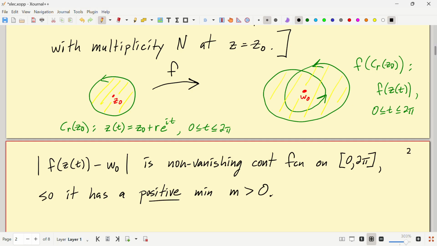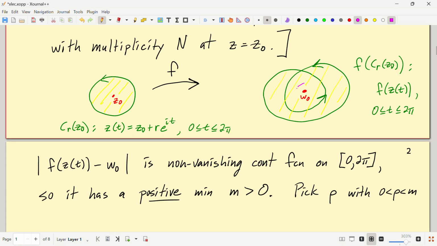Okay. So m there would probably look like this, the distance to the closest point when the curve goes by. So I want a little disk that's slightly smaller than that m. So let's pick a rho with 0 less than rho less than that min. Then the picture would be, I can put a little disk here, and this is going to be my rho.